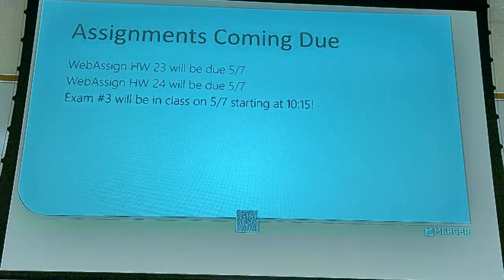Again, the exam is broken into 2 parts. Part 1 is the non-comprehensive, that's worth 70 points. That's new stuff, just stuff we've done since exam 2. Part 2 is worth 30 points, and that's the stuff from exams 1 and 2.